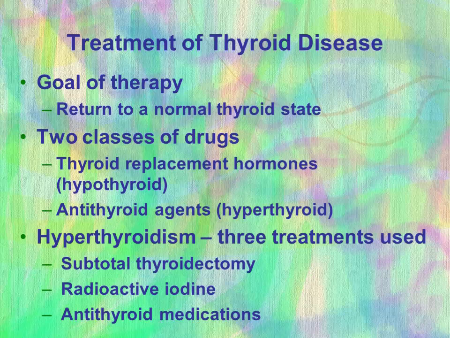Primarily, we have two classes of drugs: thyroid replacement hormones that we would use for hypothyroidism, and antithyroid or thyroid destroying or blocking drugs that would be used to treat hyperthyroid.